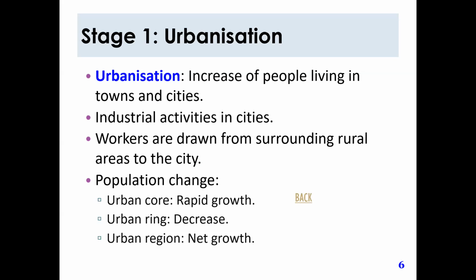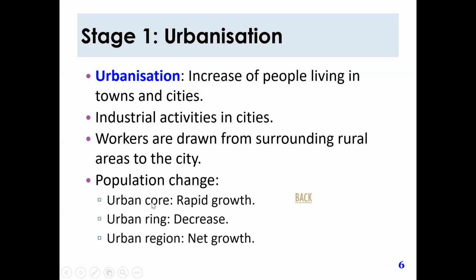You have 3 urban areas: the urban core, the urban ring, and the region, which is the macro, bigger area. So you have the core, the urban ring in the middle as the meso area, and then the macro area.